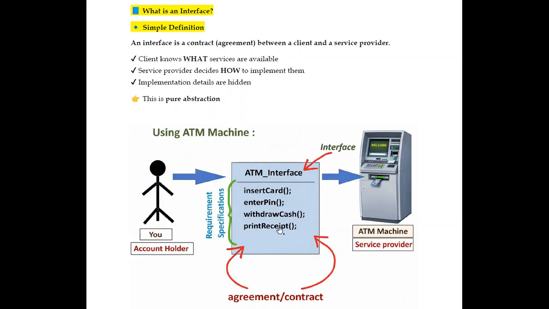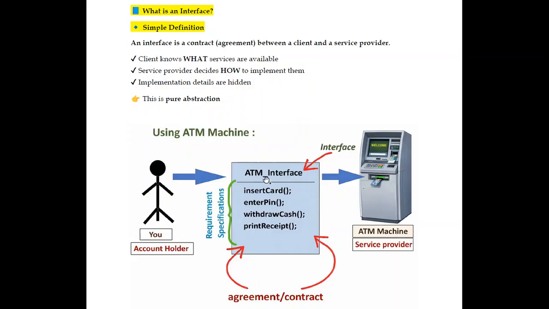Four options are available. Next, the service provider decides how to implement them, because the ATM interface has already informed the client. So these are the services we have, and these services should be implemented because we have to bring this into reality. We have to show it in the big picture to the real world. So what are the methods we declared here? Showcasing alone is of no use; you have to implement them and bring them into the real picture.